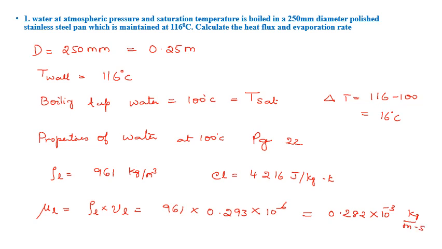HFG and surface tension, those values you will get in the data handbook on page number 145 and 146 respectively. So, on referring to the handbook, HFG is 2256.9 kilojoule per kg, but we want everything in joule per kg.